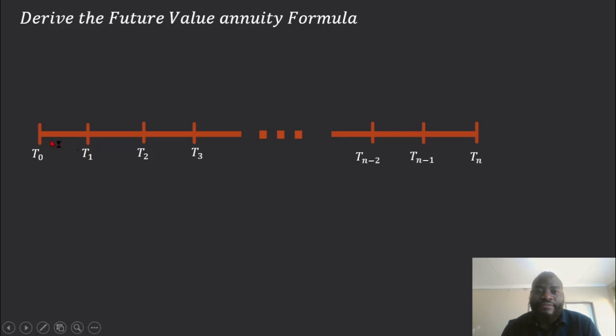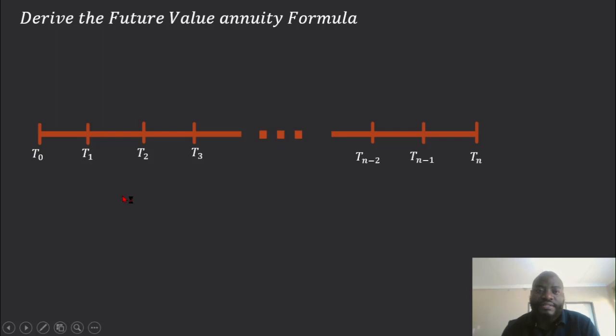So we have n periods. There are n number of periods here. The periods could be years, the periods could be months, whatever. But in general, we say these are periods. And we're going to have an annuity. So an annuity, somebody deposits the same amount of money each and every month.